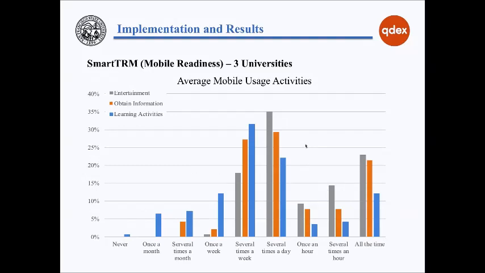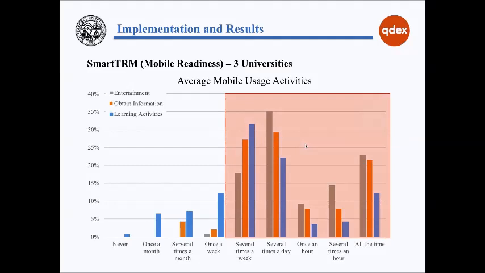This chart shows the total response of the students in all 3 universities. Not surprisingly, students reported that they use mobile devices for entertainment and obtaining information the most. But we can also see that using the mobile device for learning activity is getting close.